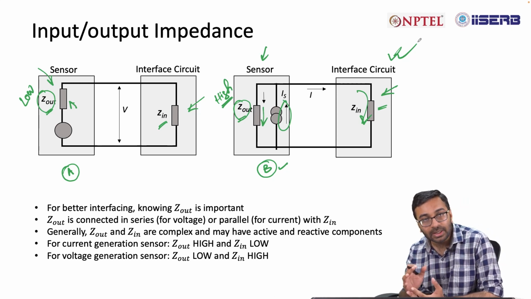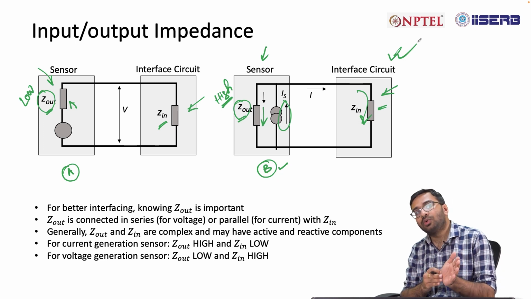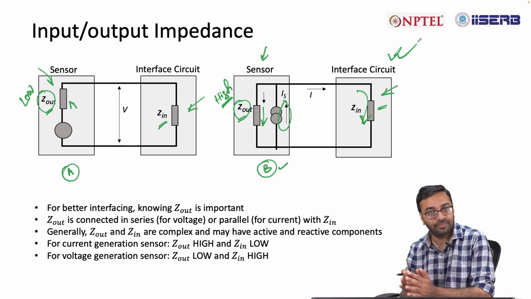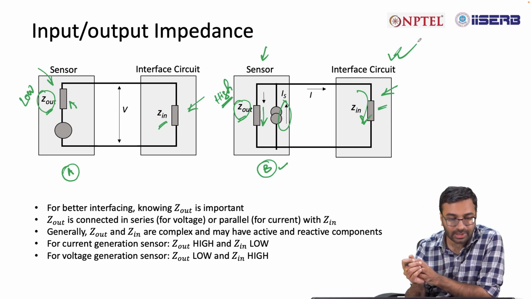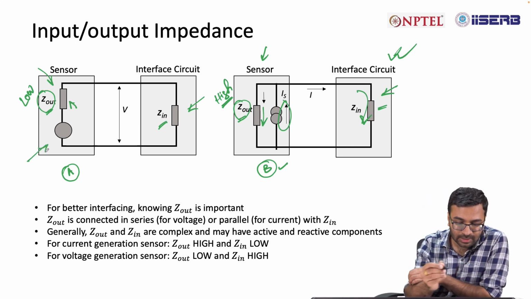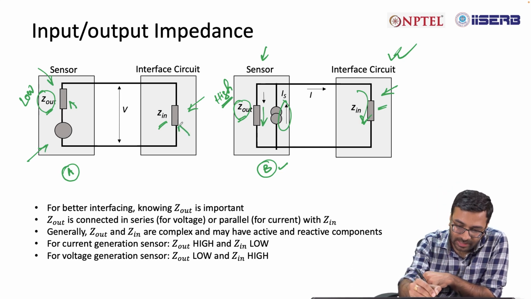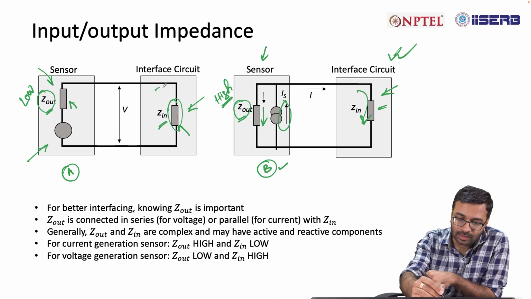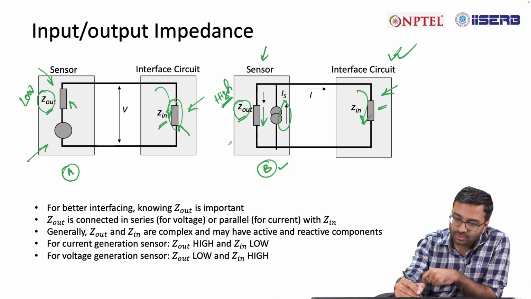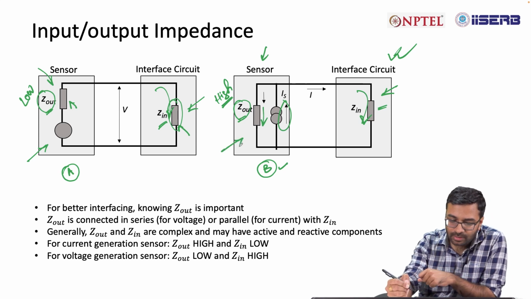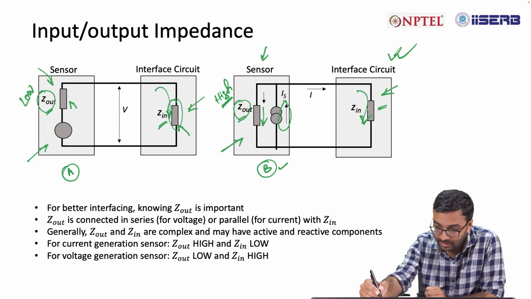So it's not very complicated. The idea is to transfer most of the output to your interfacing circuit. For voltage, I repeat, for voltage generating sensors, your Z out should be low. At the same time, you keep your Z in high, so that most of the voltage is getting dropped in Z in. Similarly, in case of your current generating sensor, you keep your Z out high and your Z in low.